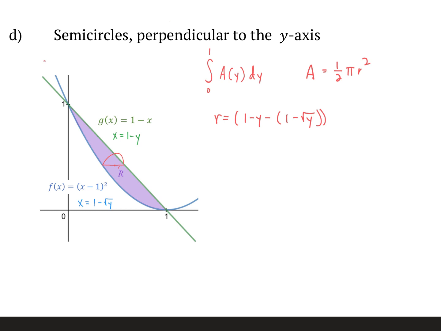All right, and then just substitute whatever this radius is in for r. Then we'll take this whole area function and substitute it in for the area here. So our whole thing, 0 to 1, is going to be 1/2 pi times that expression that represents the radius, squared dy.